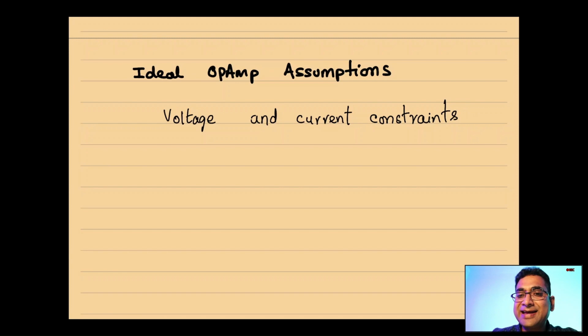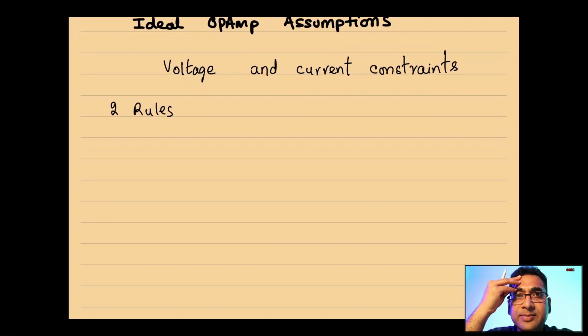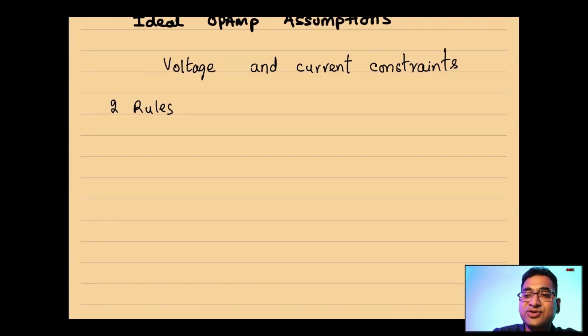What it really means is, I like to think of them as two rules. That's all you have to follow when you are analyzing op-amp circuits with feedback in any op-amp circuit. When you are ready to solve problems, just apply these two rules.